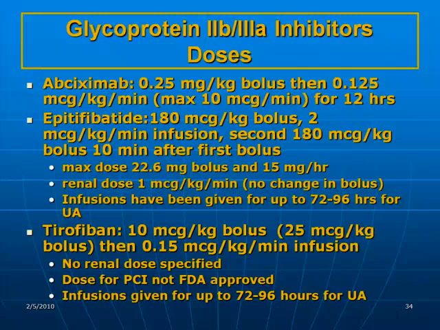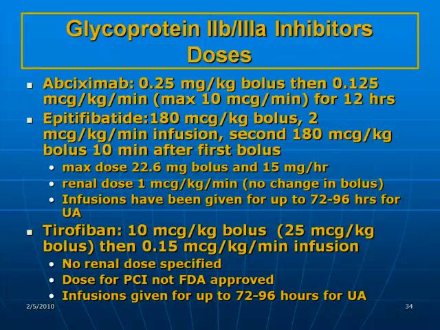Now, abciximab has been the same dose forever, 0.25 milligram per kilogram bolus, and then 0.125 mics per kilo per minute for 12 hours. Eptifibatide, when it's used for PCI, is a double bolus, and then 2 mics per kilo per minute, unless the patient has renal dysfunction, creatinine clearance less than 30, less than 45, somewhere in there, then cut back to 1 mic per kilo per minute.